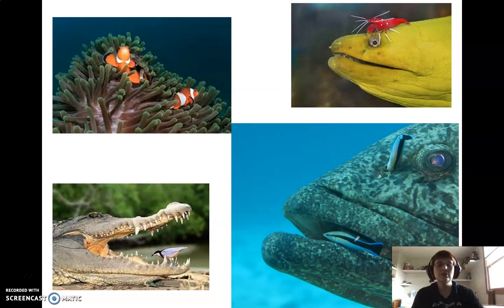These big fish, and this eel, are predators, but they will come up, they will sit, they will open their mouths, they will open their gill slits, and they will let these fish go just about everywhere, as you might be able to tell from the cleaner wrasse with his head in the nostril of the grouper. So mutualism is a great interaction. Again, like I said, very common, where both species get something beneficial out of the relationship.